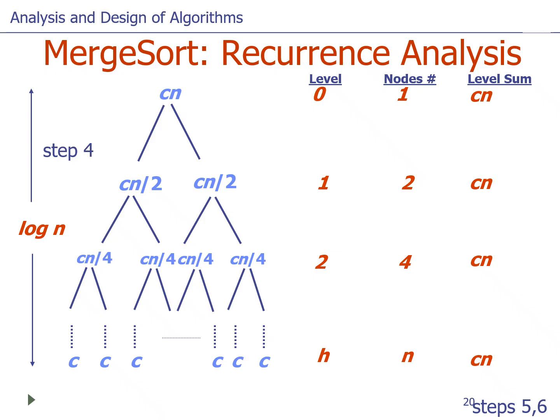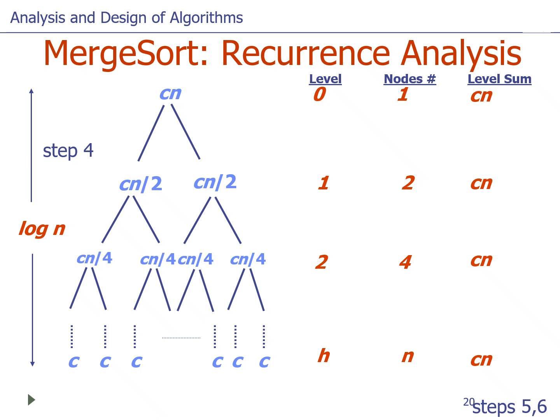What I'm going to do next is label the levels, just to be able to do the manipulation we're going to discuss. So the first level at the root is level 0. The second level is level 1, all the way till the last one, where there are constants all over at the leaf level.